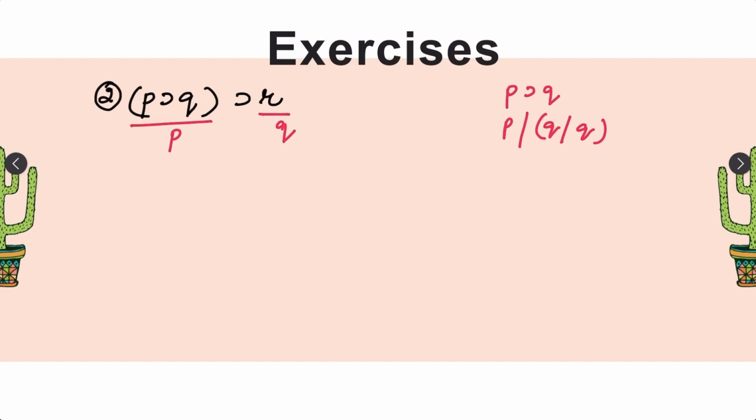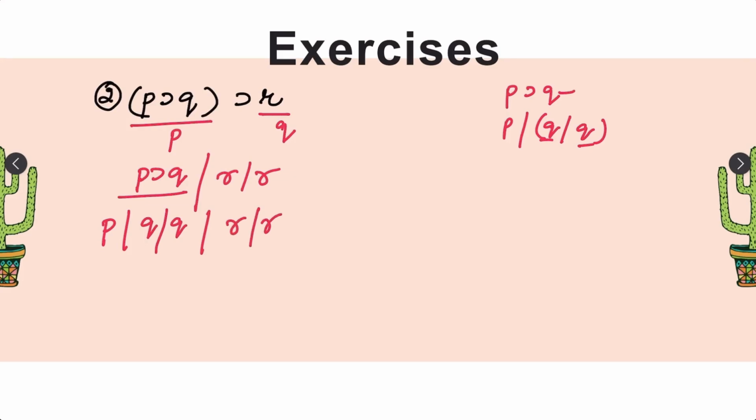So simply write p horseshoe q stroke r. Here r is q, so you have to write it twice. So r stroke r. Now again here p horseshoe q is there, so the same formula will be applicable here. So it's p horseshoe q stroke, and then r stroke r. So this is your final answer. So in two steps your answer is done.